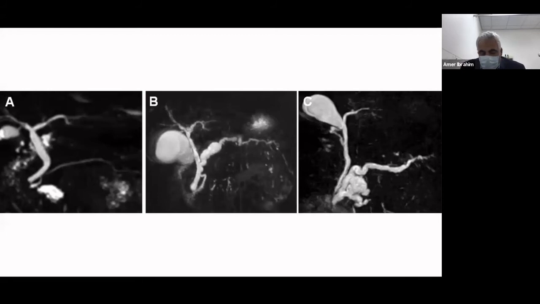And they found that actually the incidence of picking up a cystic lesion in the pancreas is about 2 to 13%. So if you believe the 13%, that means 1 in 8 people will have this lesion. It is quite a huge number if you think about it.